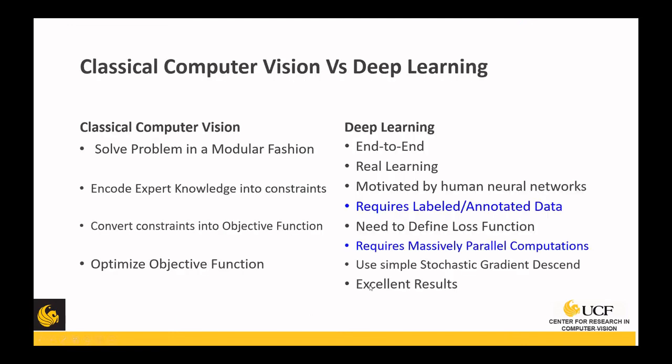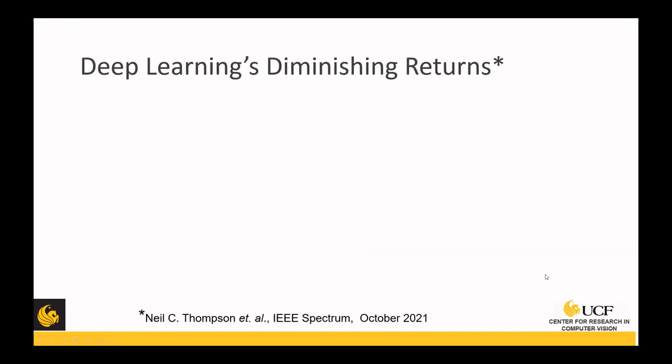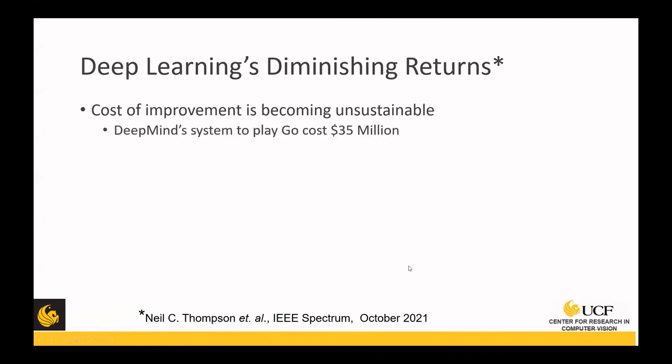Okay, so this is about labels. Now, the other problem is that deep learning requires massively parallel computation, and that's a big problem. For example, this article I showed you before says this is becoming unsustainable. You might have heard about DeepMind's Go system, which won the competition against the champion in Korea.